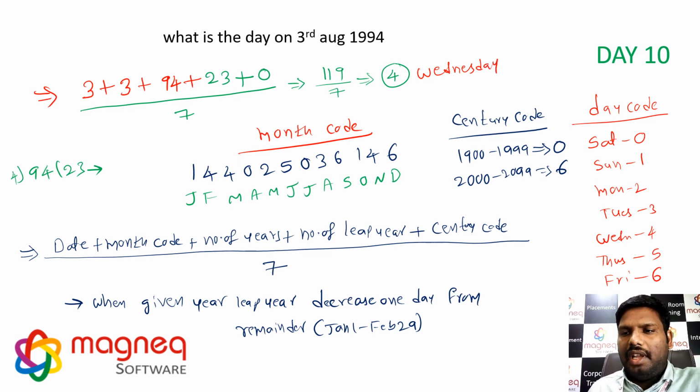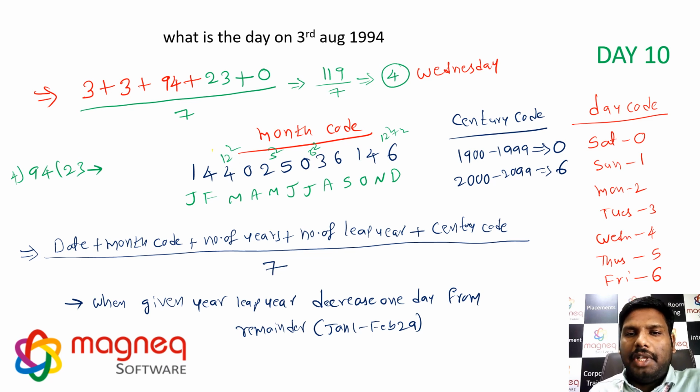So once again, day code: Saturday 0, Sunday 1, Monday 2, Tuesday 3, Wednesday 4, Thursday 5, Friday 6. Century code from 1900 to 1999 is 0, 2000 to 2099 is 6. Month code, 12 months, 12 codes: 144 means 12 square, 025 means 5 square, 036 means 6 square, and 146 is 12 square plus 2.